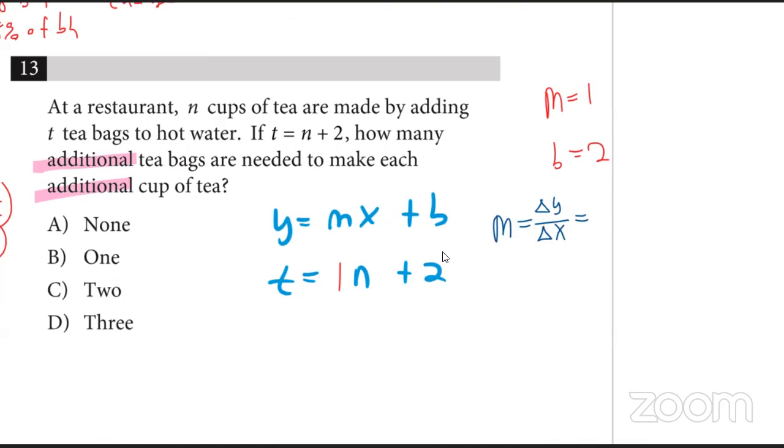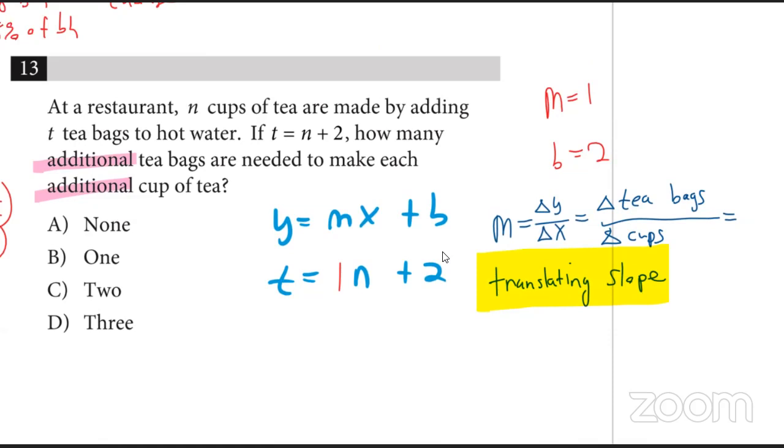And in this problem, y is really the tea bags, the change in the number of tea bags for every change in the x of this problem, which is n, and n is the number of cups of coffee. Now, when you do this, this is the method that we refer to as translating slope. We took the slope formula and we translated it into the words of this problem.